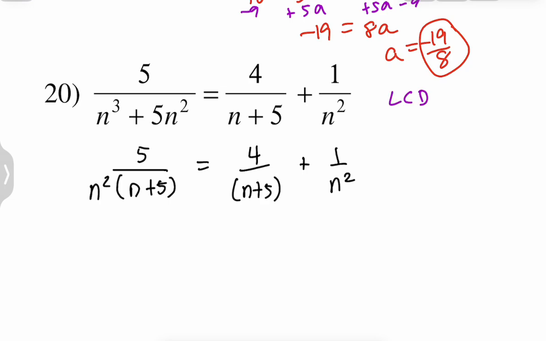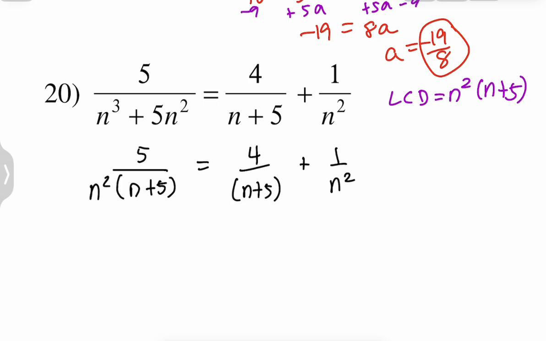So our least common denominator has to contain an n squared and an n plus 5. That will cover everything we see there. Even though the other pieces have bits and pieces of it, that still is kind of everything we need.